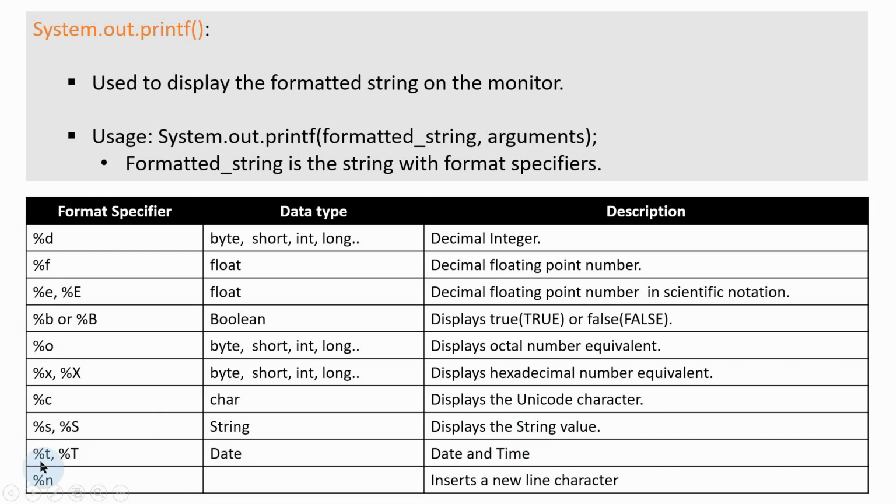And then we have %t to display date and time formats, and finally we have %n to insert a new line character in the string. So this %n is the same as the \n escape character. We can use %n or \n interchangeably to get a new line character.